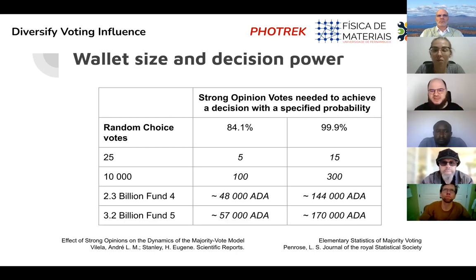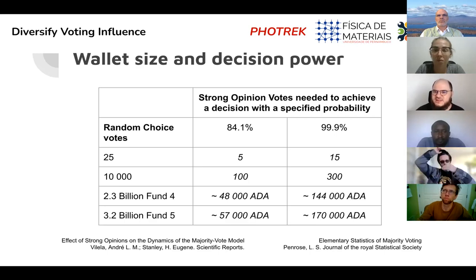If you map this to ADA Fund 4, you have 3.2 billion ADA involved. If you have a wallet of around 60,000 ADA, and the rest of the wallets are undecided on what to vote, you can have the result as you want with 84% probability.